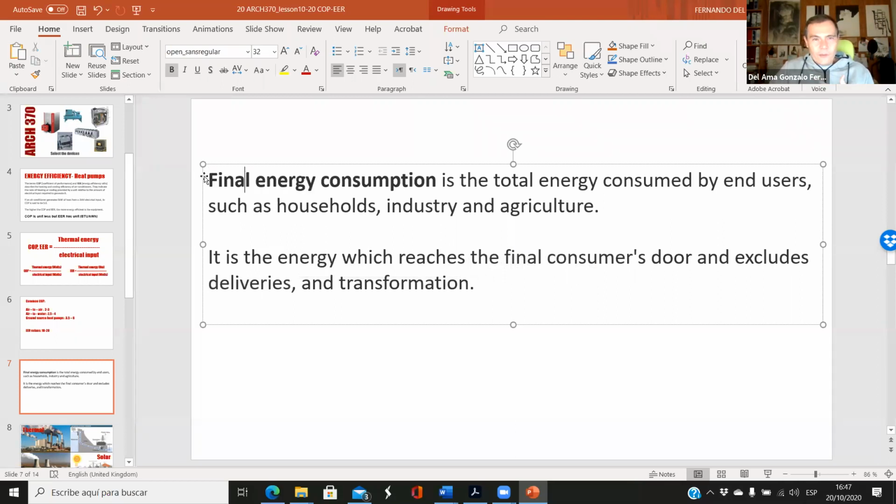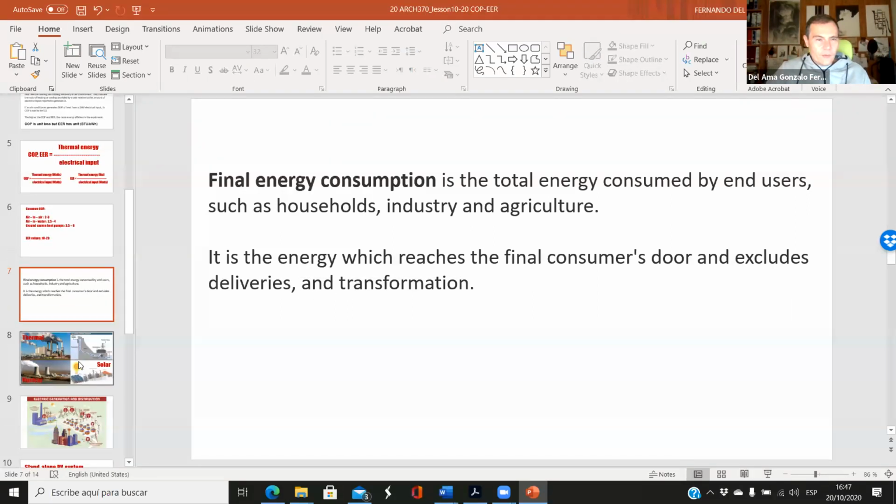In architecture, we can work with this concept of the final energy, but it doesn't mean that it's the total energy that we are consuming. You have calculated heating and cooling loads. This is the final energy. But now we have to consider where the energy comes from. And this is what we're going to do now.